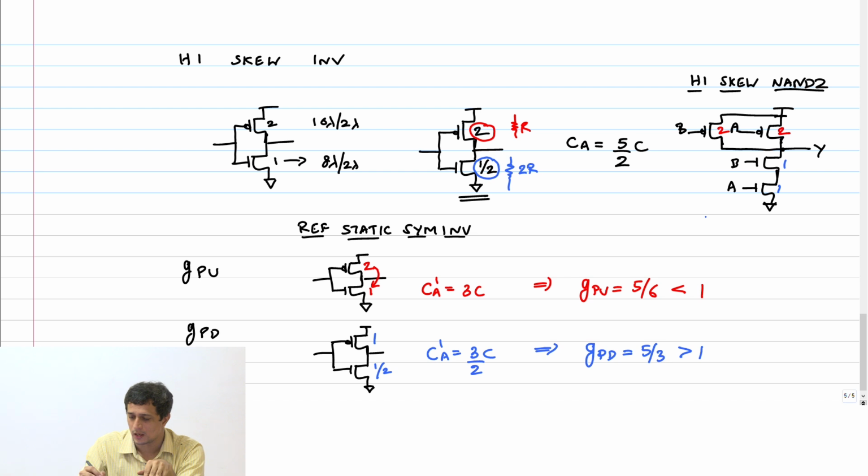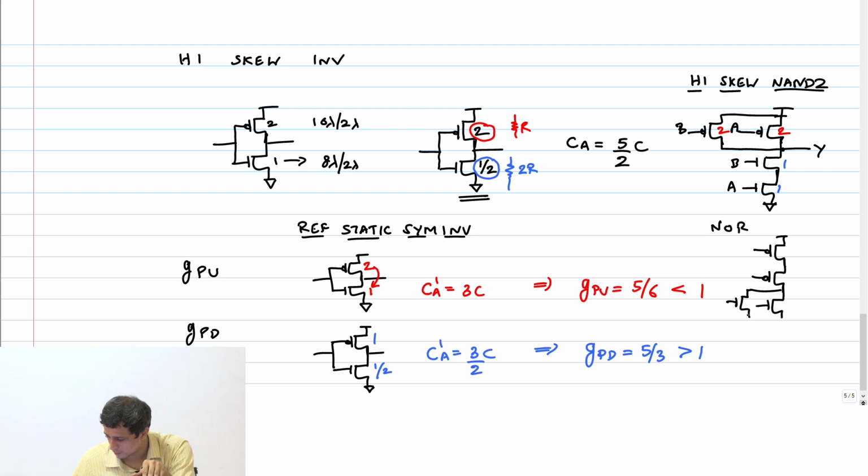What about a high skew NOR? What should be the size of my PMOS? 4, 4, because the net resistance should still be R. It's a high skew NOR, and therefore this size will be 4, 4.